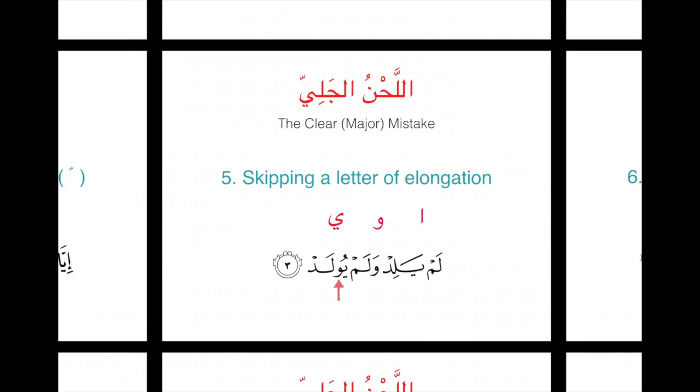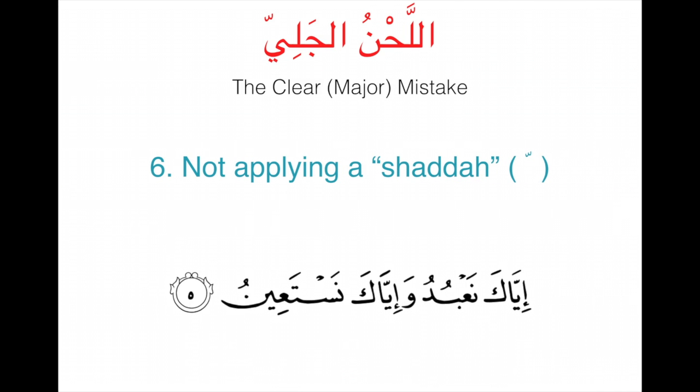All right, continuing on, number 6, not applying a shaddah. Right, so here on this ya and this ya, you notice I'm using a lot of examples from Surah Al-Fatiha because a lot of these mistakes are made in Surah Al-Fatiha, which is the easiest surah for all of us, the most famous of them. So anyway, here we have this ya, and they both clearly have shaddahs over them. But despite that, a lot of people will say إِيَّاكَ نَعْبُدُ وَإِيَّاكَ نَسْتَعِينُ without the shaddah.